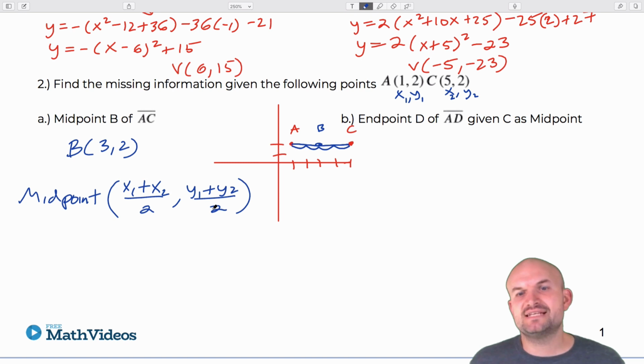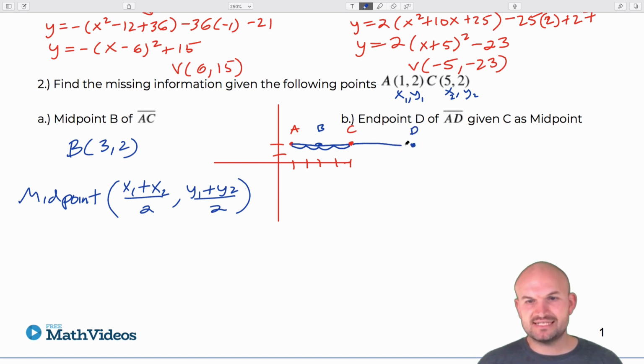The next one is find the endpoint D given AD has midpoint C. So now it's saying, let's go ahead and find D over here, given that C is the midpoint. Well, again, if you understand the distance from A to C is 1, 2, 3, 4, and C is the midpoint, following along the same line, then I could really just add another 4.